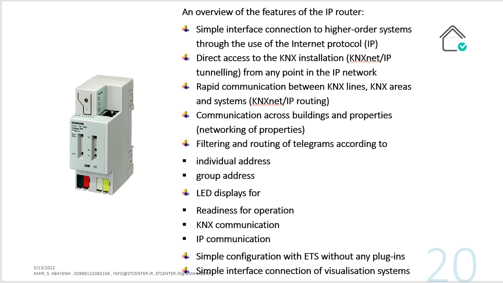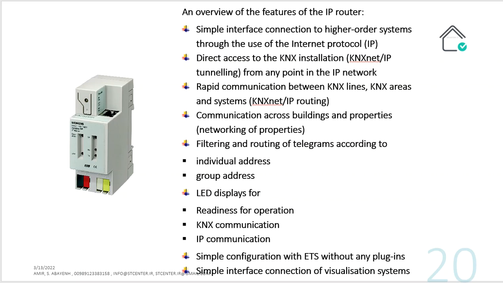It has direct access to the KNX installation from any point in the IP network, rapid communication between KNX lines, KNX areas and systems, communication across buildings and properties, networking of properties, and filtering and routing of telegrams. It's really important. It provides us the filter table, exactly like the line coupler and backbone coupler. So it accepts exactly the same physical address. Remember that. It provides us the filter for individual addresses and group addresses.